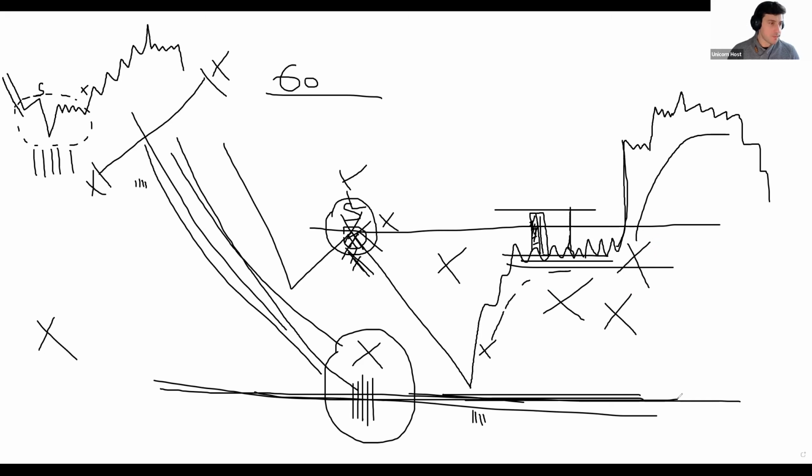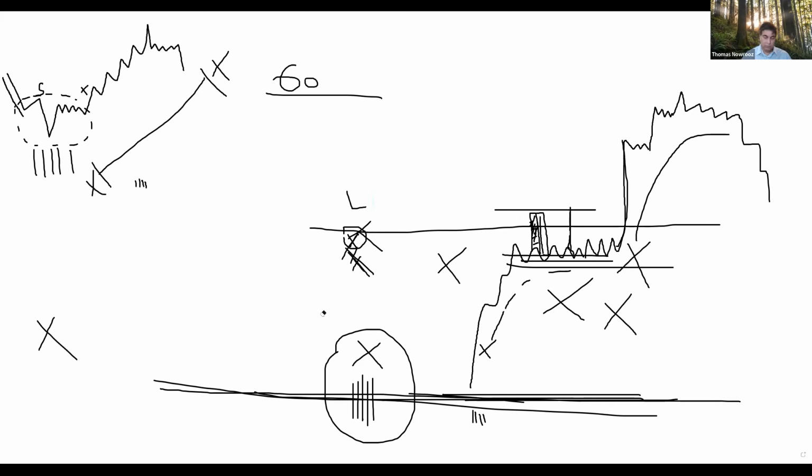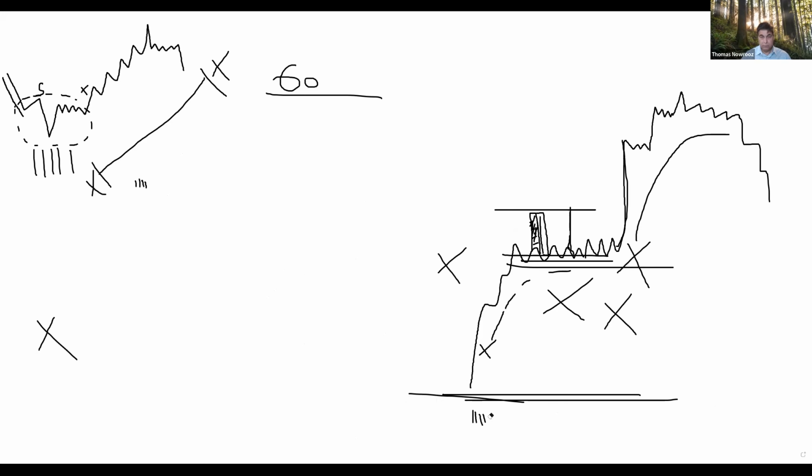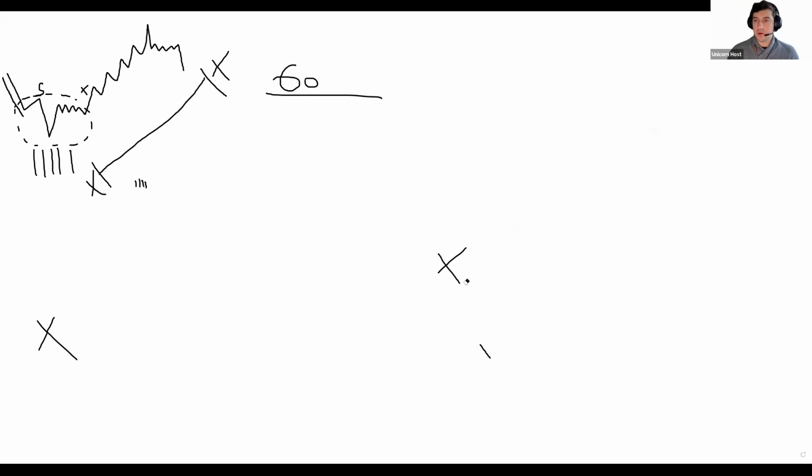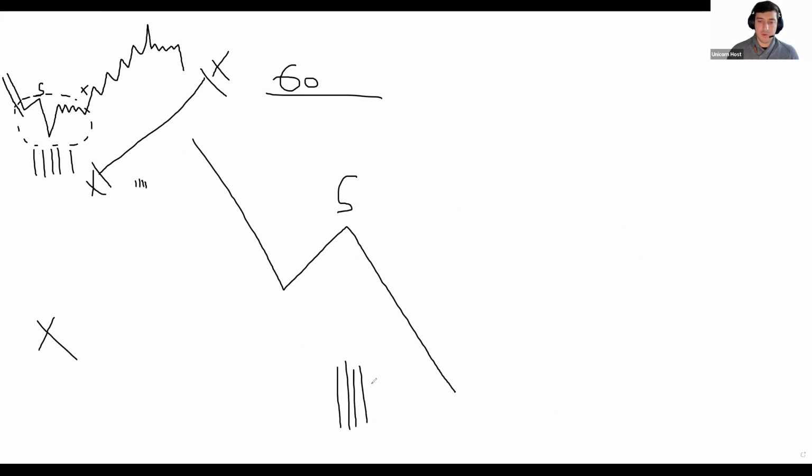Straightforward so far, everyone? Now, what happens if your last seller comes in with high volume and you've got high volume at the bottom as well?